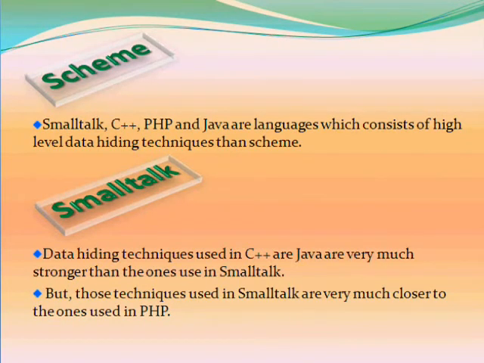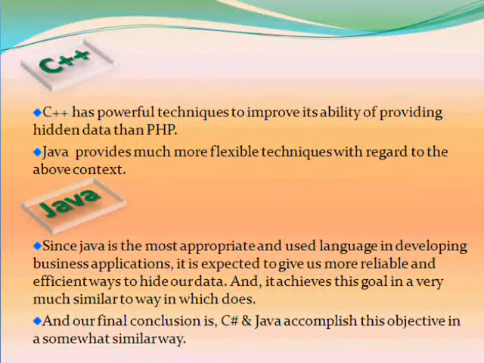Scheme does not contain much in the way of high-level data hiding techniques. Data hiding in C++ and Java is stronger than in Smalltalk. C++ has powerful techniques to improve its ability of providing hidden data than PHP.